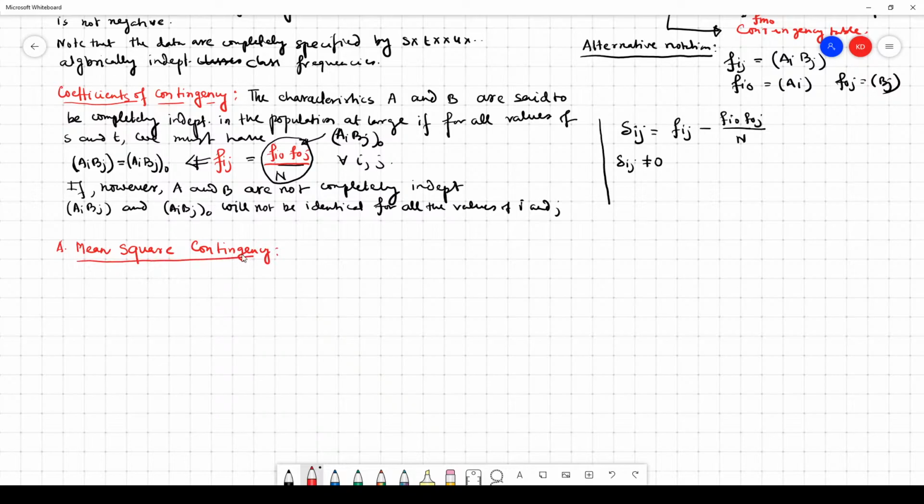And this is defined as chi square, sum of i from 1 to s, j from 1 to t, delta ij square, this deviation, by Ai Bj naught.